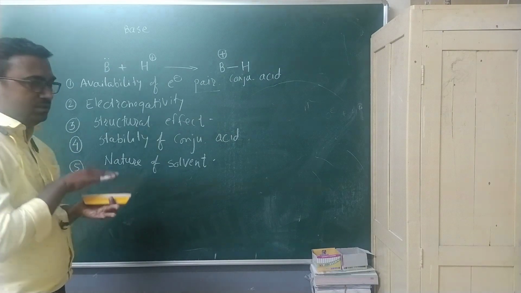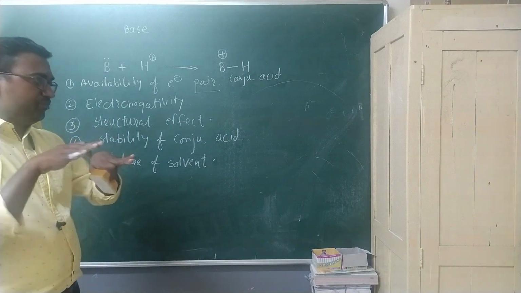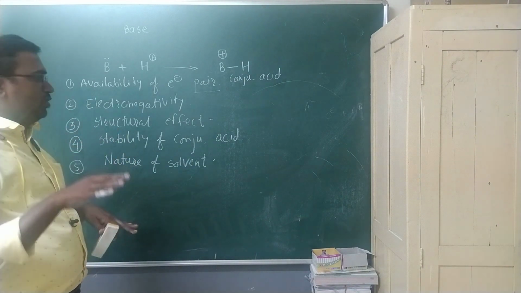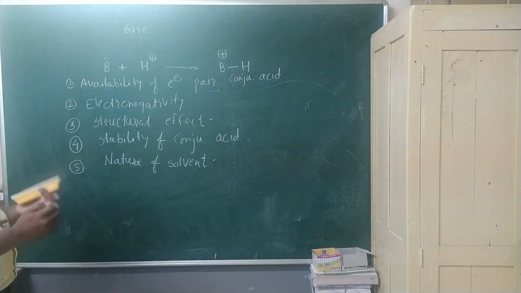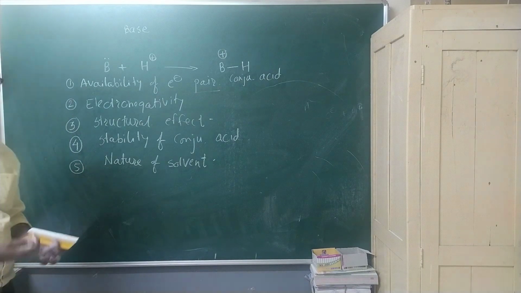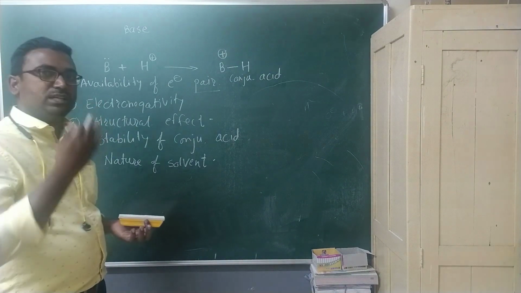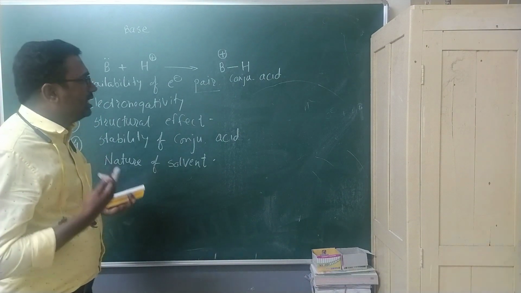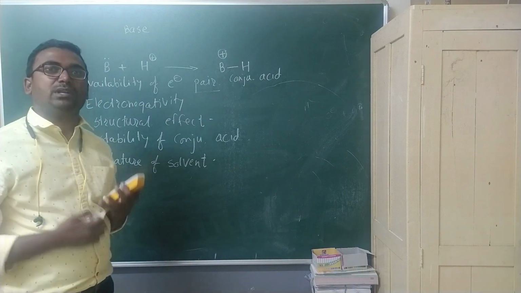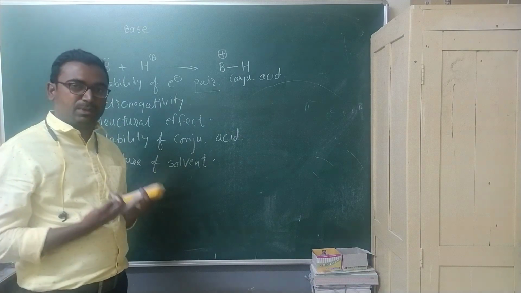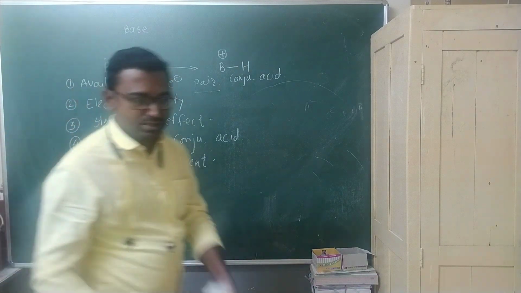This makes the comparison between the polar solvent and non-polar solvent. This is all about the stability of the base. If the stability of the base increases, its pKb value decreases. For any acid which is a weak acid, its pKb value will be higher. The next part we will see in the next lecture.